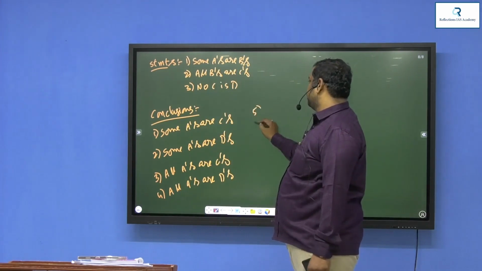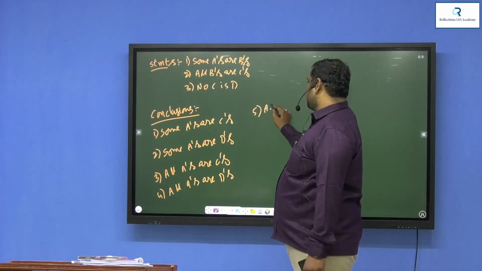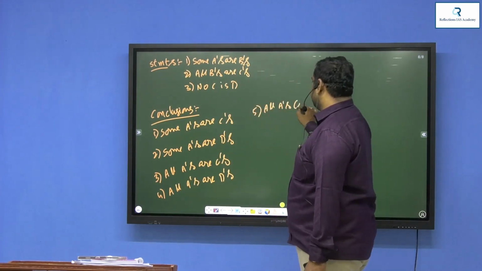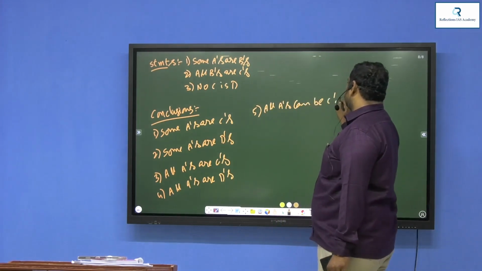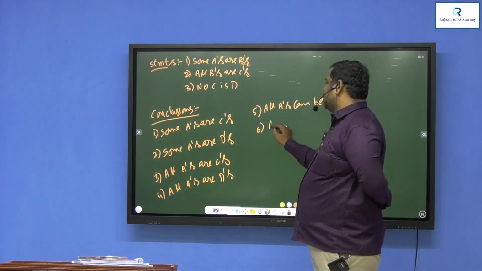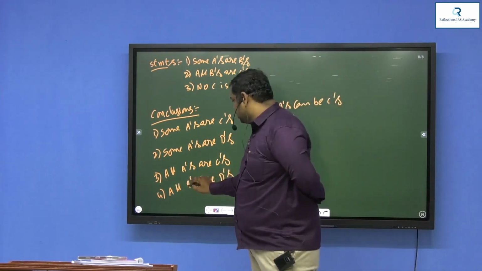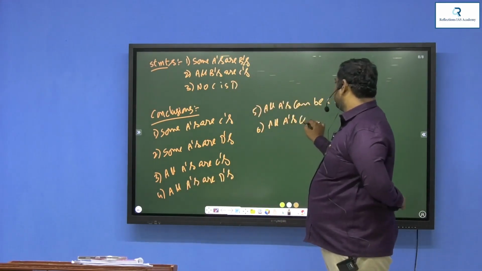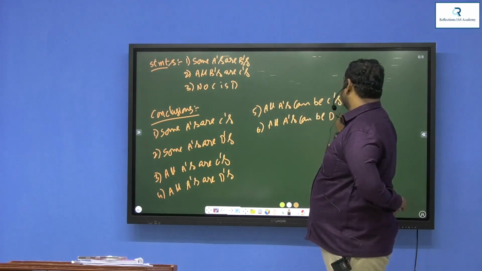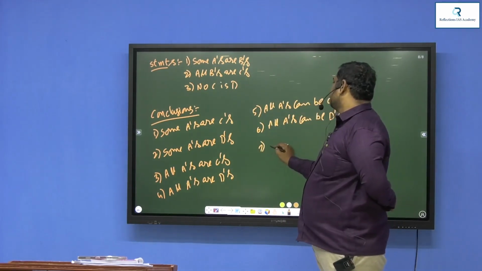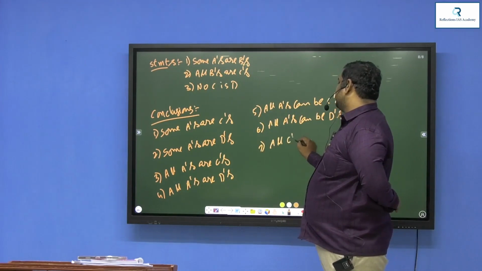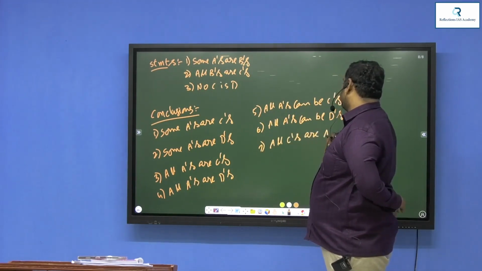Fifth one, all A's can be C's. Sixth one, all A's, this is A here, A's can be D's. Seventh one, all C's are A's.